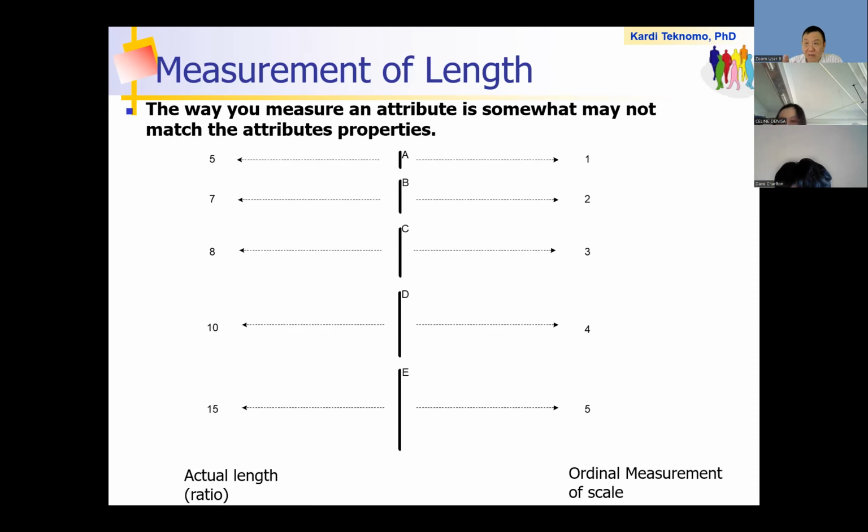How do you put interval? For every 10 centimeters, you put the value of 1, 2, 3, 4, 5, and so on. So 1 means between 0 to 10, 2 means between 10 to 20, 3 means between 20 to 30, and so on.